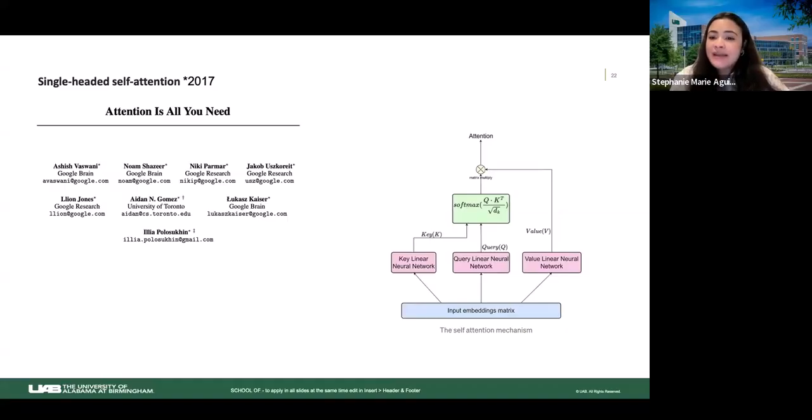But the attention, or the way that you're trying to get those probabilities of the next word or even the next patch image embedding, is specific to this idea of single-headed self-attention. And this is what you would get from a transformer. The transformer is one of the biggest things being used for these large language models as well as VLMs. So we're going to go through single-headed self-attention, a little bit of multi-head self-attention, and a little bit of cross-attention.